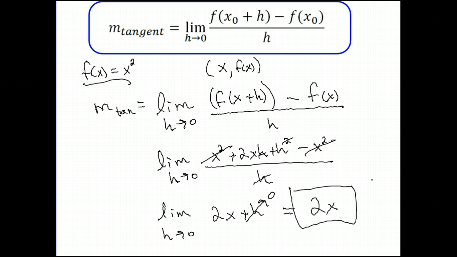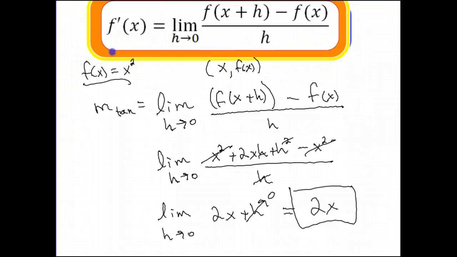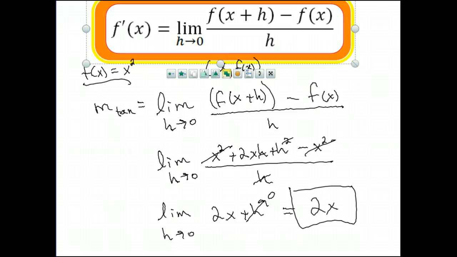Okay, and this special slope function, as I referred to it earlier, we give a name, and that name is f prime. Notice the little apostrophe here. We call that f prime of x, meaning the slope function of x. If we have some function f, we can write a function that describes the slope of that function in terms of x.